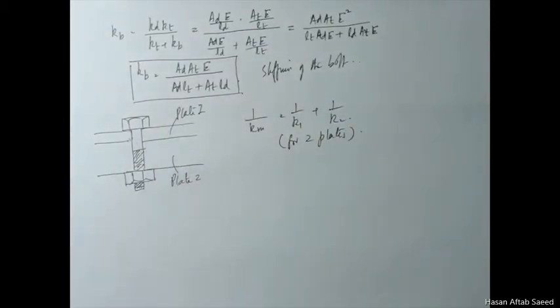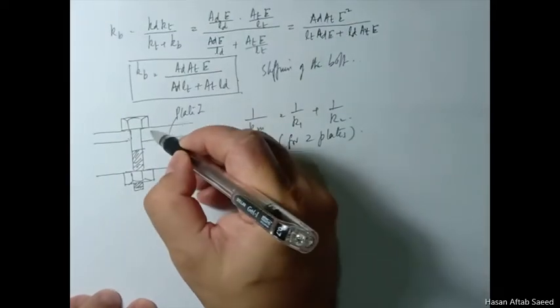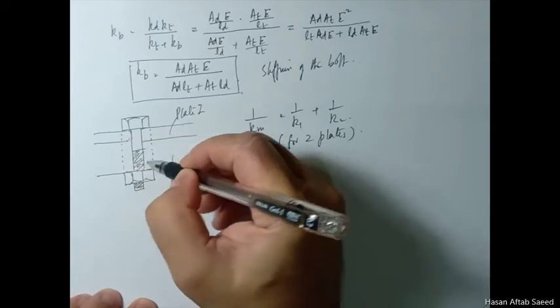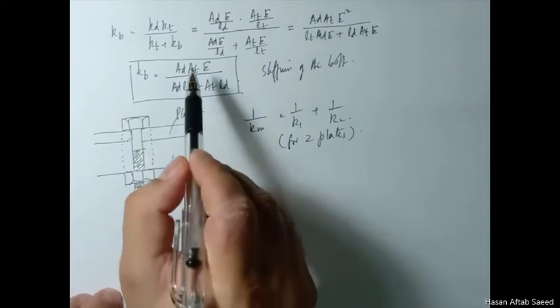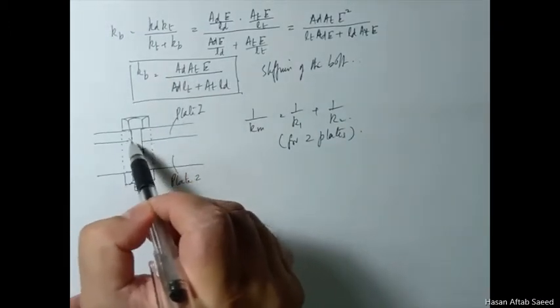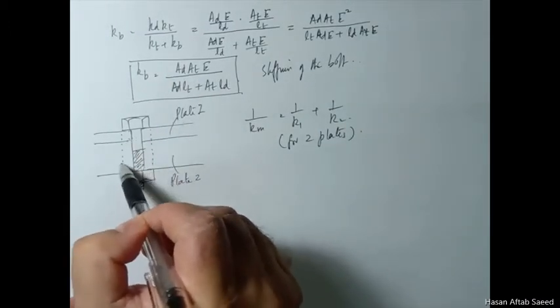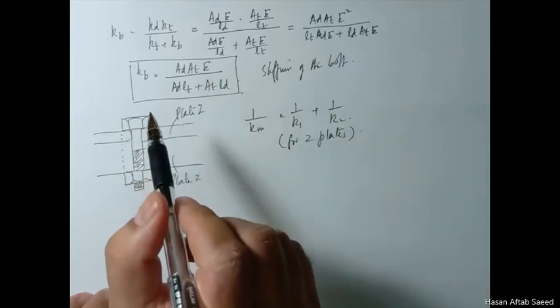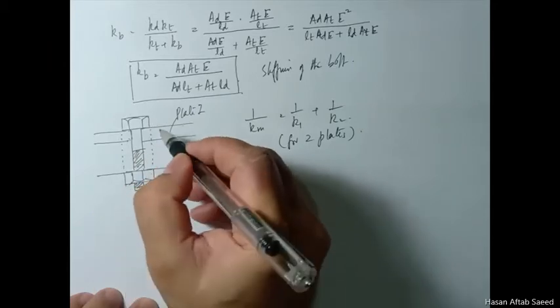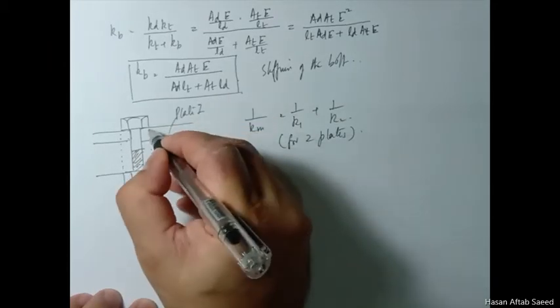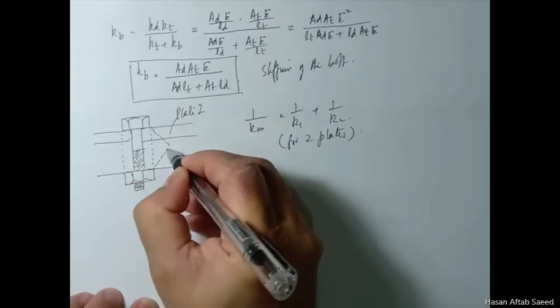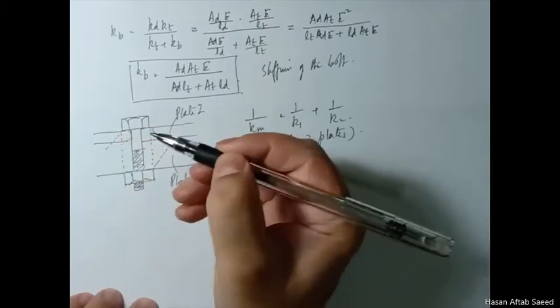Here, what comes under compression is not, for example, this sort of a cylinder. If that was the case, we would simply have put in the values of A of plate 1 and A of plate 2, which would have been the same. But what happens is not this. Experiments prove that you have this sort of a situation. The area that comes under compression is this sort of an area.